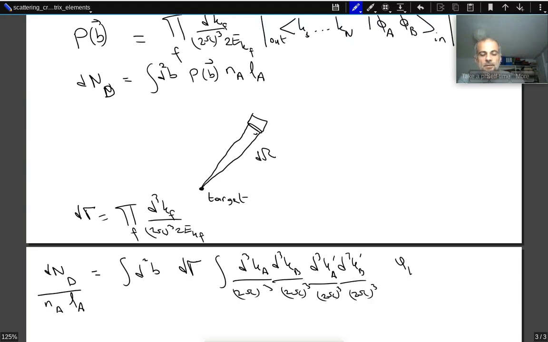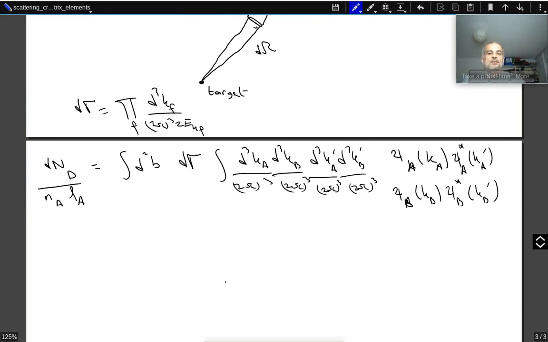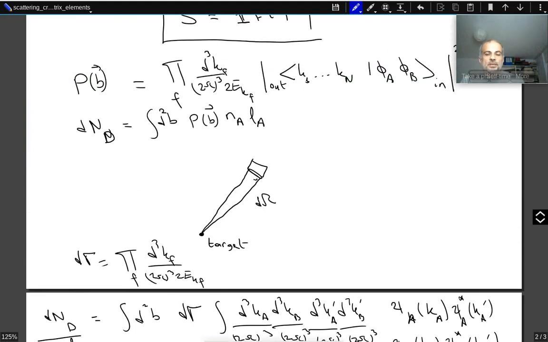Then I have the wave function of the A particle. I use the notation psi, psi A of Ka, psi A conjugate of Ka prime, psi B for the B particle, Kb, psi B conjugate Kb prime. Then what else do we have?